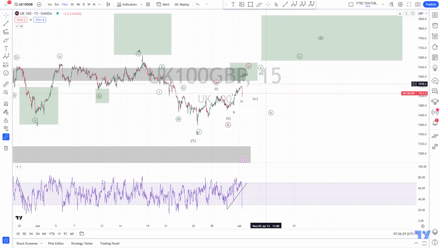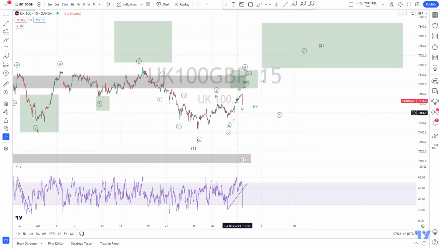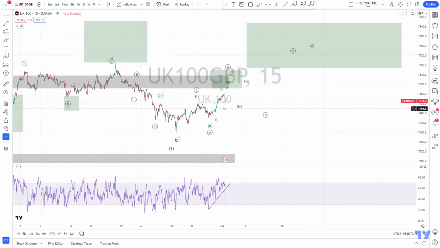But there might also be another scenario that we do a bigger ABC, and then we have to end into this area. And if we do the bigger ABC, we are currently only doing the wave A, in my opinion.